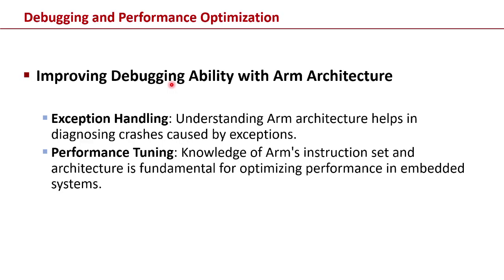Another reason why you have to learn about ARM architecture is that if you're familiar with the fundamental features like exception handling and interrupt handling, it will give you insight into improving your debugging ability as a system software engineer.